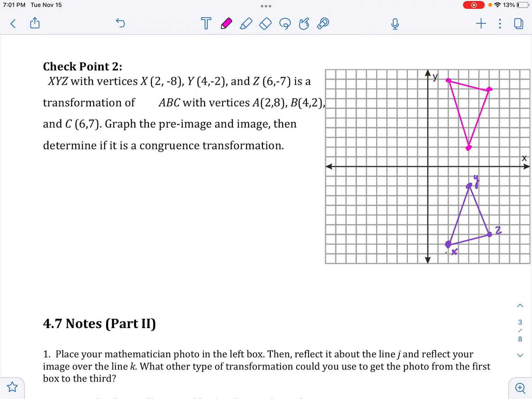I want to know what transformation would take me from my pre-image, the first shape, up to the image. What transformation could I do, a reflection, rotation, or translation, that would get me from the pre-image to the image? And it looks like it's probably a reflection over the x-axis. If I flip it over that line, it looks like that would probably be a reflection over the x-axis.